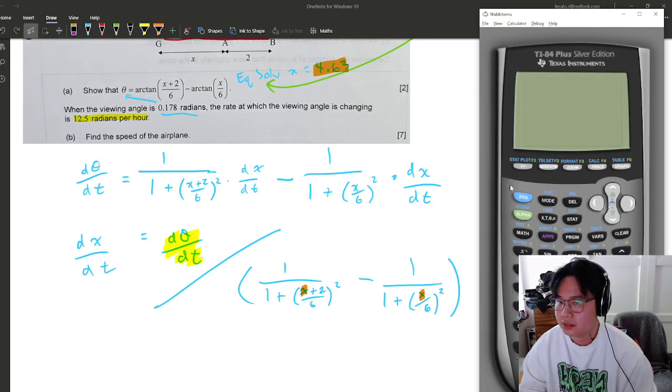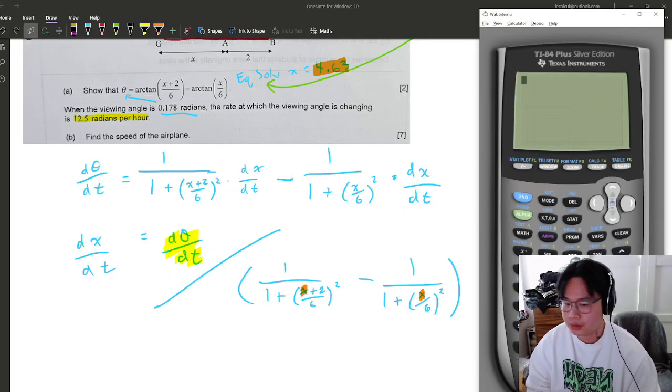Okay. Time to calculate. So 12.5 divided by bracket, 1 divided by bracket, 1 plus bracket 4.63 plus 2 bracket divide by 6 bracket squared bracket.